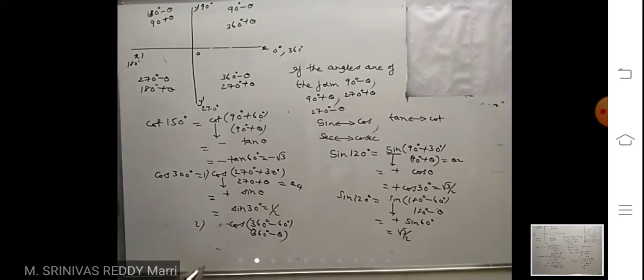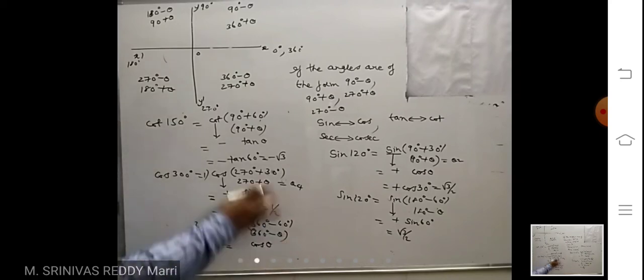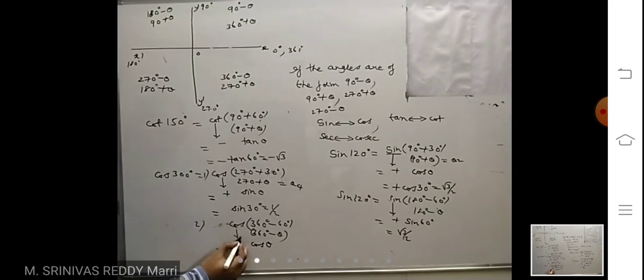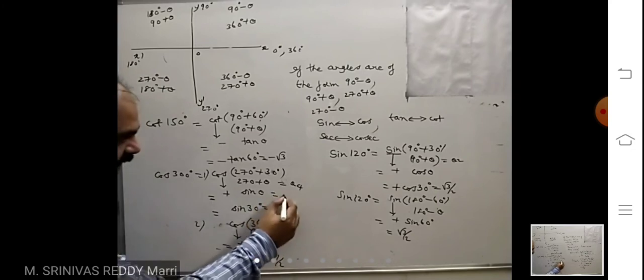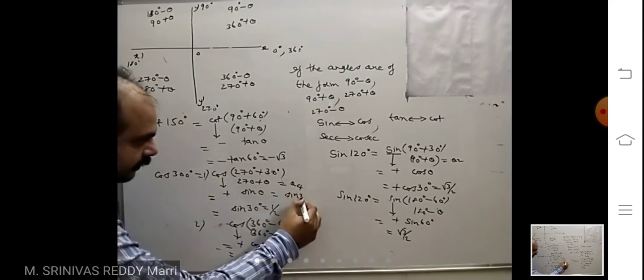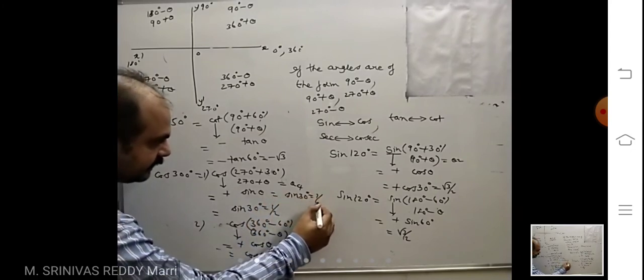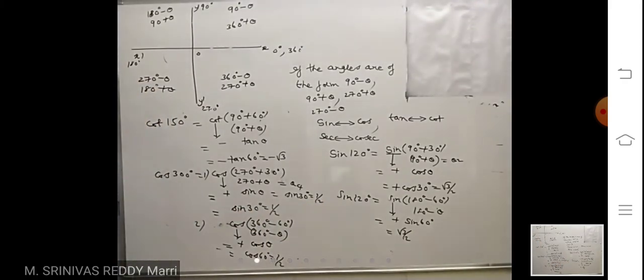So 360 degree minus theta means you write cos theta. Cos will not change. Cos theta. Now 360 minus theta is in fourth quadrant. In fourth quadrant, this is what? Positive. So what you will get? Cos 60 degree. This is nothing but 1 by 2. Here also same. You will get sine 30 degree, that is 1 by 2.